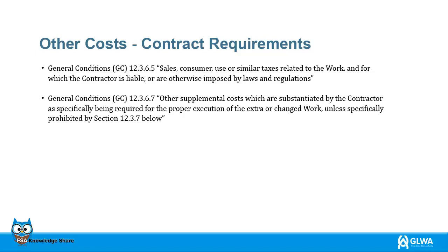General Conditions 12.3.6.7 Other supplemental costs which are substantiated by the contractor, as specifically being required for the proper execution of the extra or changed work, unless specifically prohibited by Section 12.3.7 below.